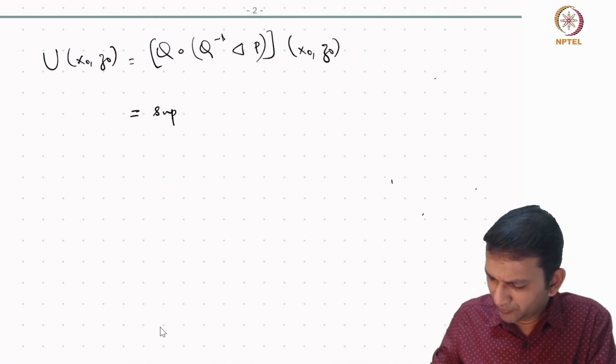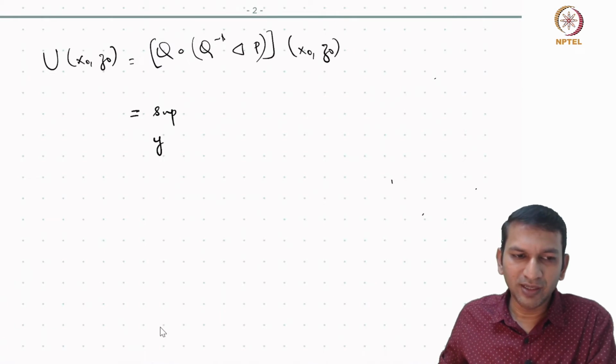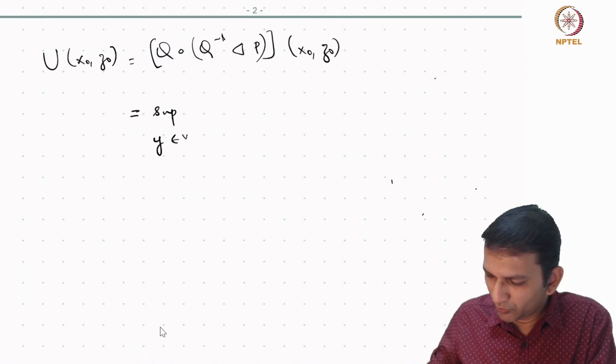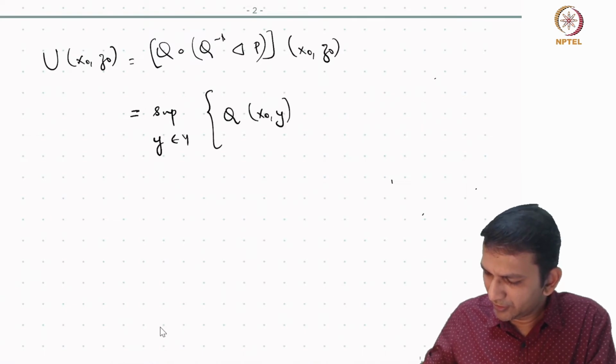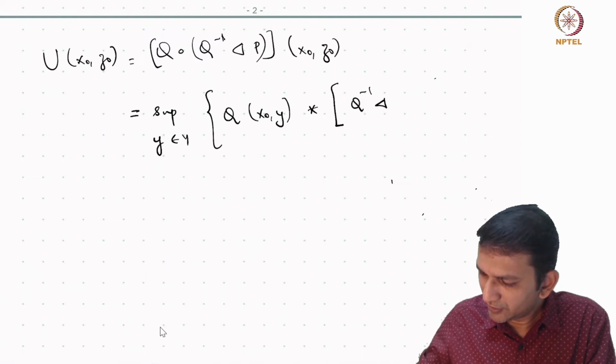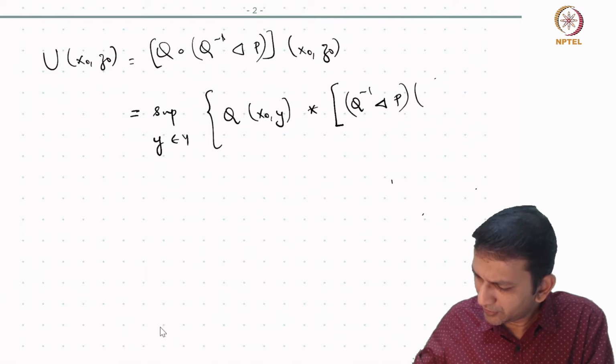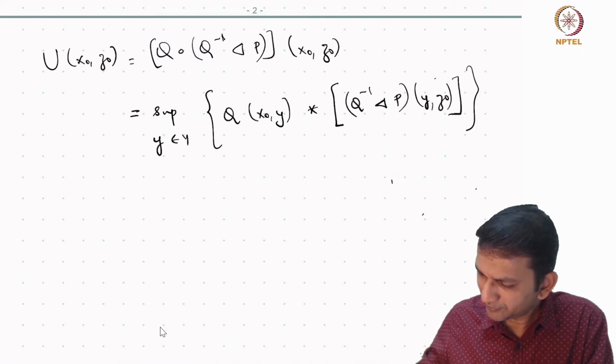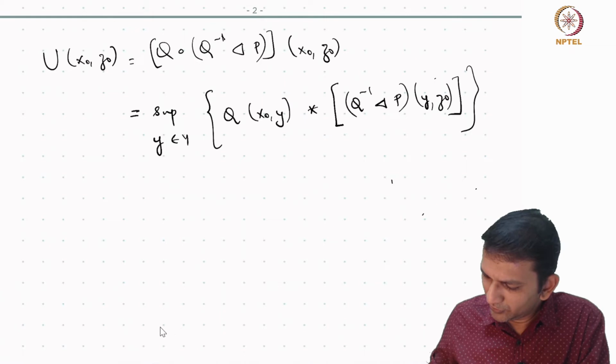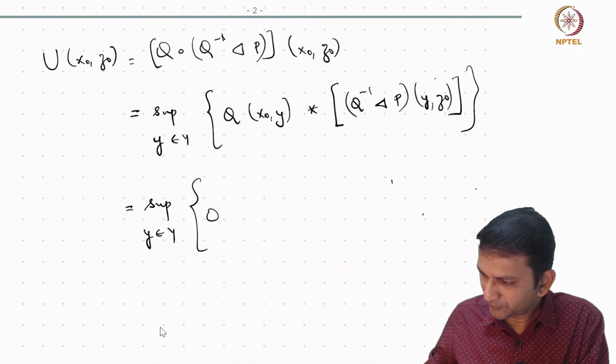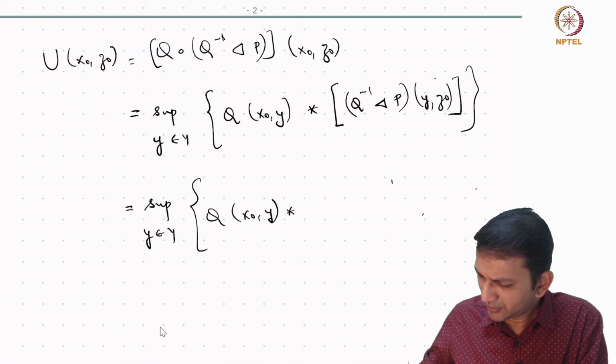So let us expand this. This is a supremum. Q is over X cross Y, x0 and z0 are fixed, so the supremum is over y coming from Y, of Q of x0, y star, and then the implication.